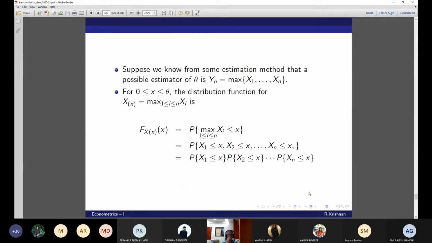Suppose we know from some estimation method, the one I'm considering is the maximum likelihood estimation method. I have not taught you the estimation methods yet. So this is the problem. In all statistical textbooks, invariably after the central limit theorem, they take up the estimation part.